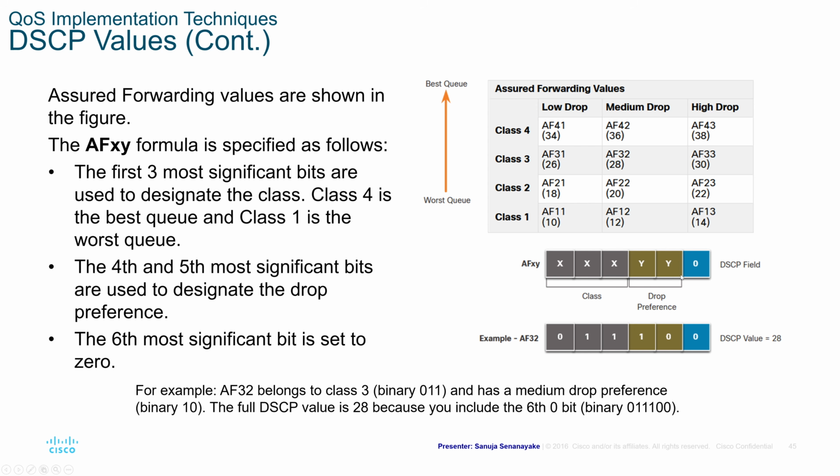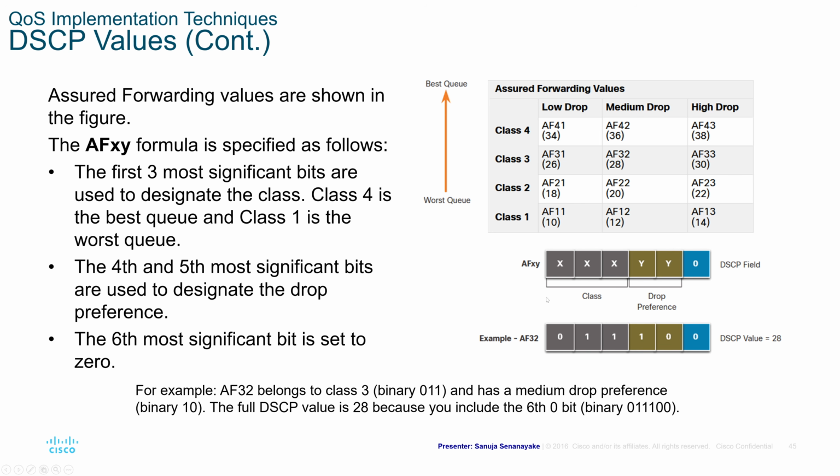So in this example, as I mentioned, the AF32 belongs to class 3, which is binary 0, 1, 1, and has a medium drop preference of binary 10, and the full DSCP value is 28 because you include the 6th 0 bit in binary 0, 1, 1, 1, 0, 0. So that's how the DSCP is configured.